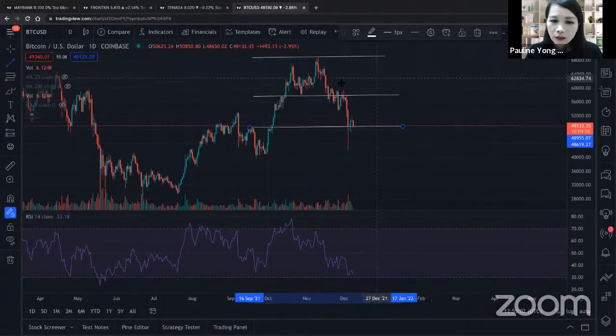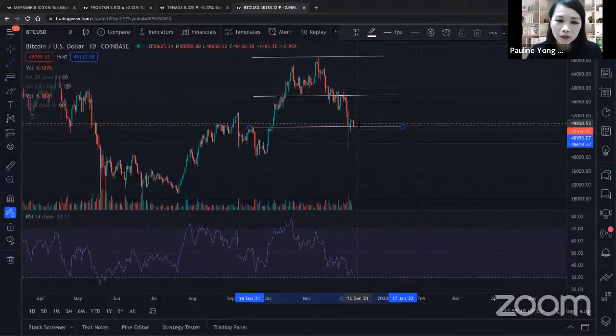So when I'm looking at this trend line break, a lot of people ask me what happened, should I hold a Bitcoin, shall I sell, shall I buy? Everybody asks me that. So besides looking at the chart, I have to look at the fundamental. What is the fundamental?